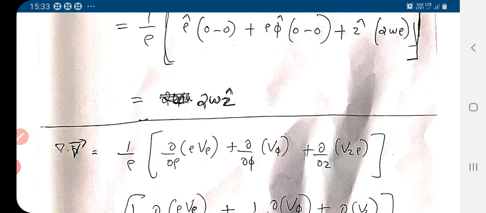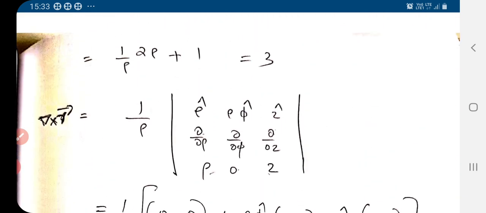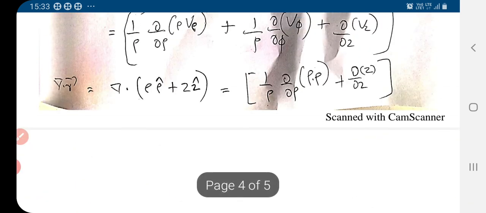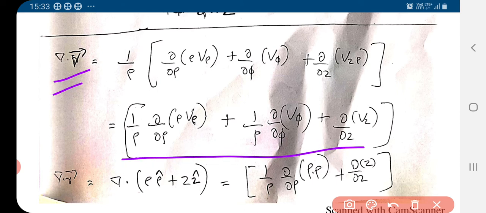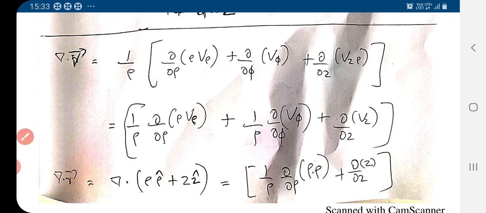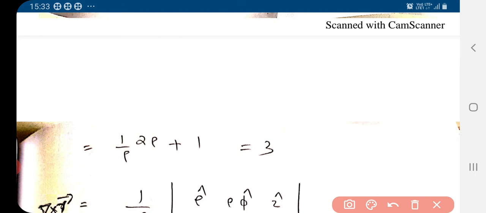This is del dot V. Okay, we need to find del dot R and then del cross R. So del dot V is this, and using this we are finding del dot R. R is this, so we substitute the components. As we substitute, we have this. As we differentiate, we will get 2 rho here and 1, and ultimately 3.